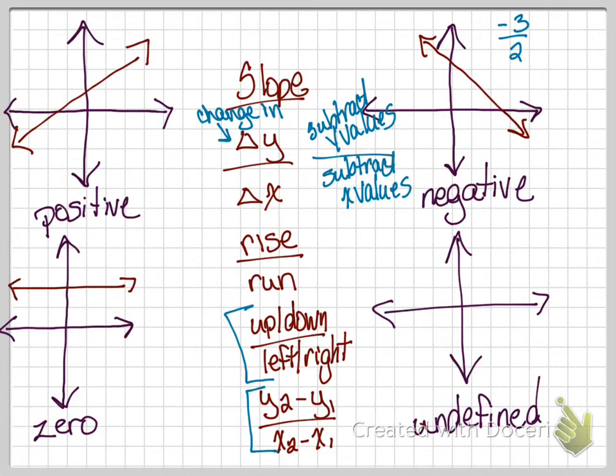When I have a slope of 0, that is when I have a horizontal line. So this is y equals 2, and my slope would be 0 in the numerator. When I have a 0 slope, that means there is no change. I am not making money, but I'm not losing money. I am not gaining weight, but I am not losing weight.